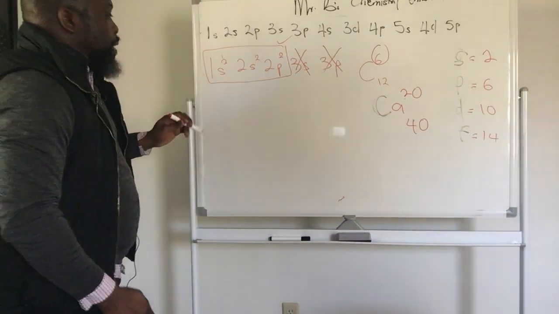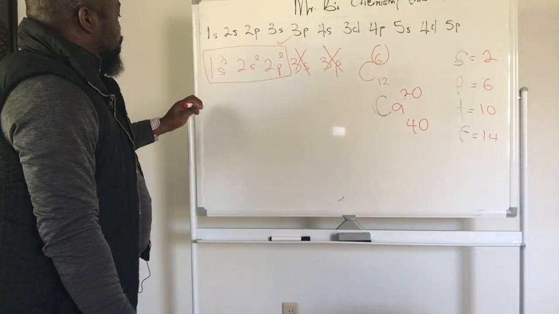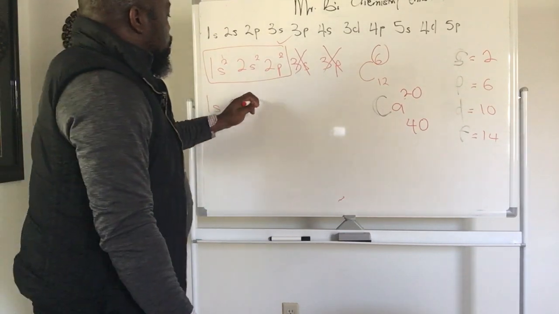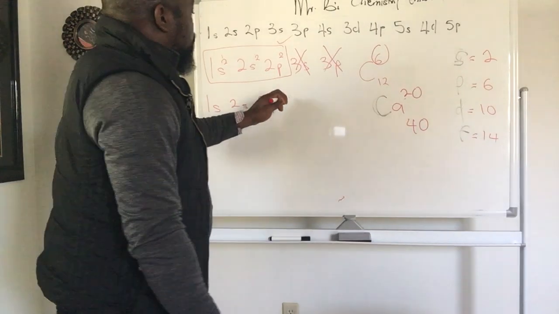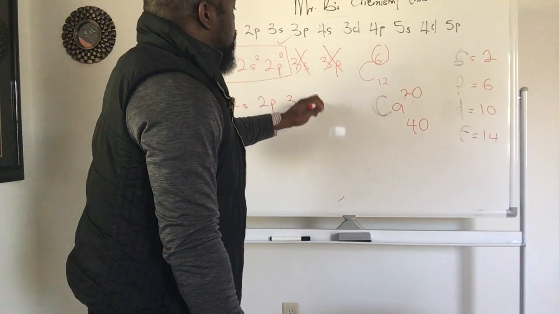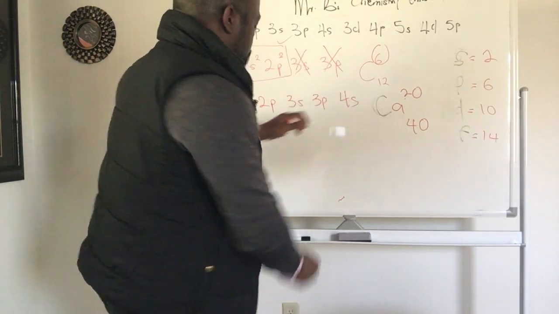So let's start now by writing out our levels. So let's say 1s, 2s, 2p, 3s, 3p, 4s.